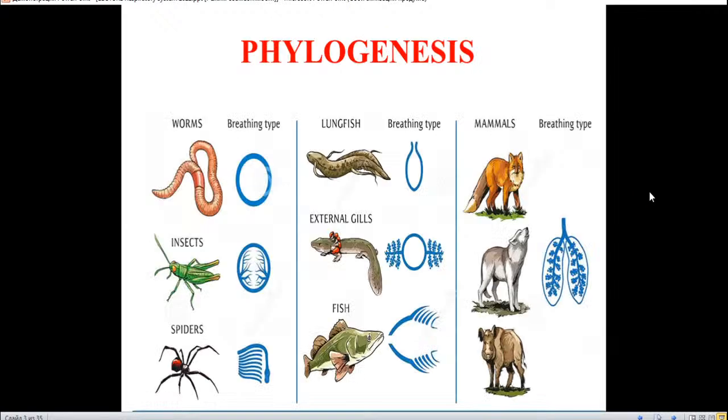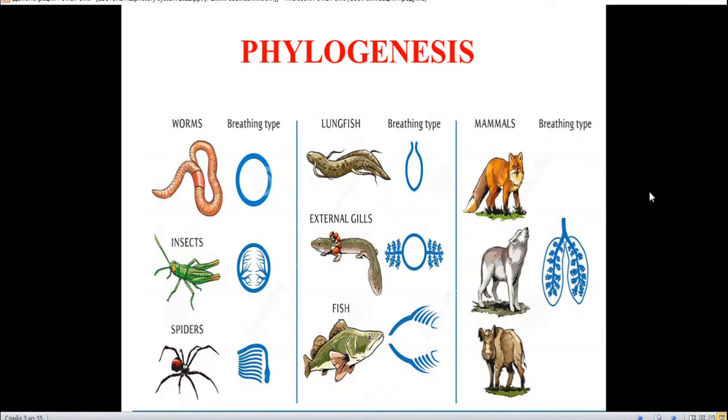So here you can see the phylogenesis of the respiratory system in different animals, insects, worms, fish. There are most of all types of breathing. There are 5 types of breathing.